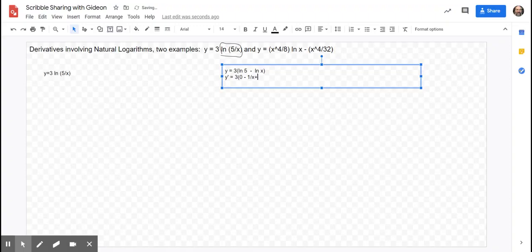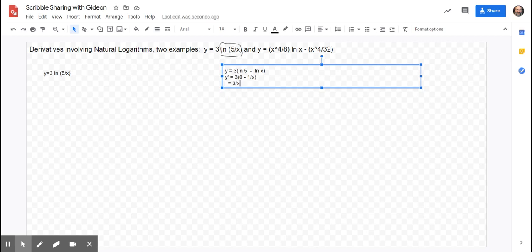So this just very quickly simplifies to 3 over x. And that's it. Applying the logarithm first got you an easy derivative of two terms, one of which disappeared.